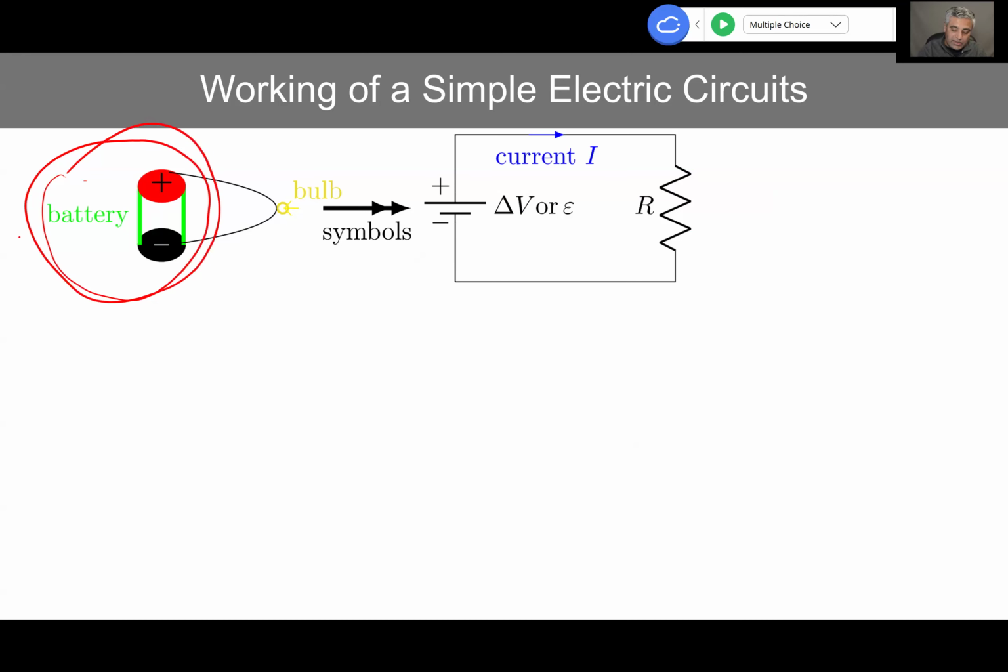So there is this battery, and this is the symbol for the battery, and the positive terminal is denoted by the longer line, and the negative terminal is denoted by this shorter line. So the battery, we replace by that, and then the wire here, we replace by these lines. And just like we saw, these wires have very small resistance, okay? So we say, okay, they don't have resistance here, no resistance.